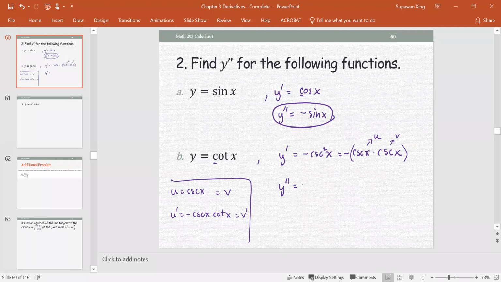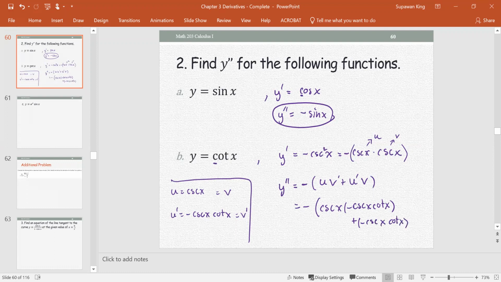Use the product rule: negative of the u, which is cosecant x, times the v prime, which is negative cosecant x cotangent x, plus the u prime, or negative cosecant x cotangent x, multiplied by the v, which is cosecant x.